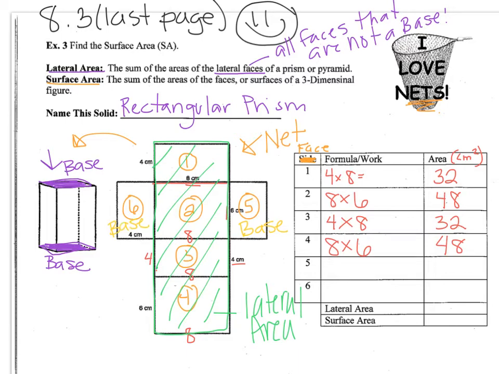Okay, so we have two bases, two parallel congruent bases, and then we also have our lateral area, which is everything else. So the reason I mention that is because I see this box here that says, what is your lateral area? So to find lateral area, we are going to add 1 plus 2 plus 3 plus 4. We're going to add those 4 together. So lateral area. We're going to add those all up at some point.